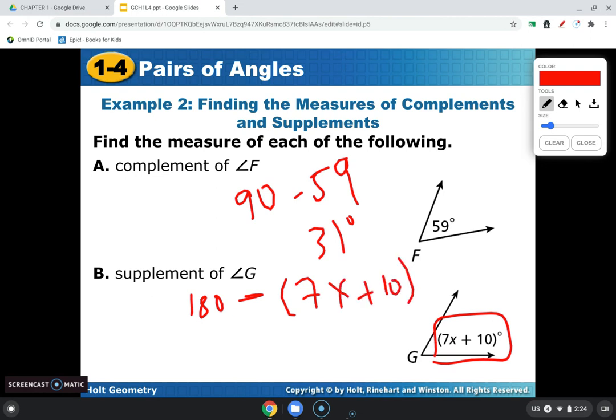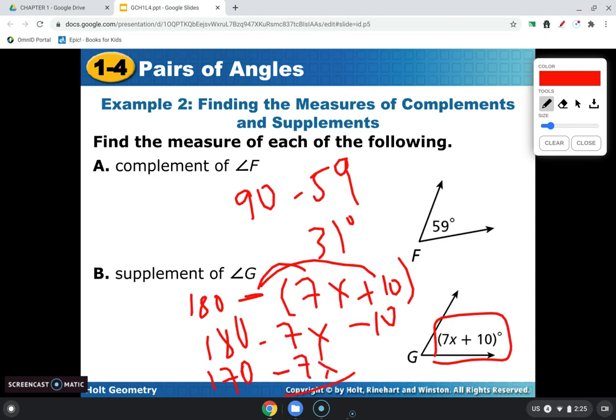So make sure you put that in parentheses, and notice there's no equal sign, so we can't figure out what x is on these types of problems. So we multiply that through, so we have 180 minus 7x minus 10. 180 minus 10 is 170 minus 7x. That's all you can do there.